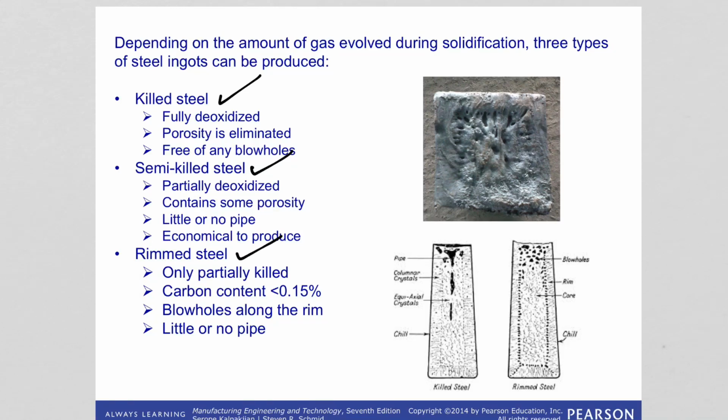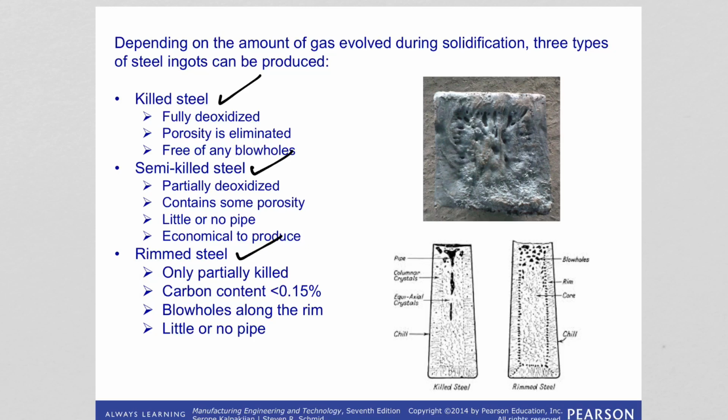Killed steel is fully deoxidized. The oxygen is removed and associated porosity is therefore eliminated. In this deoxidation process, oxygen dissolved in the molten metal reacts with elements such as aluminum, silicon, manganese, and vanadium that had been added previously to the molten metal.